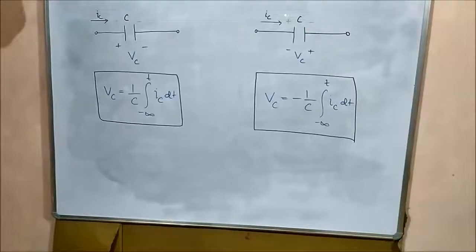Always remember, current always flows from the positive to the negative terminal in any circuit element, be it a resistor, an inductor or a capacitor, because they always absorb power. Okay? So this is about the sign convention, which is very important.